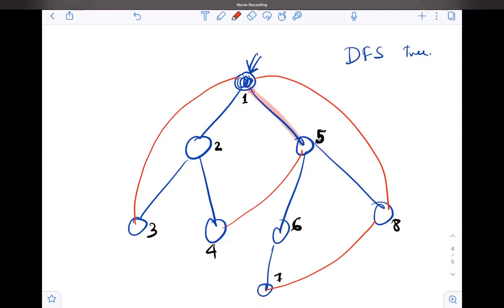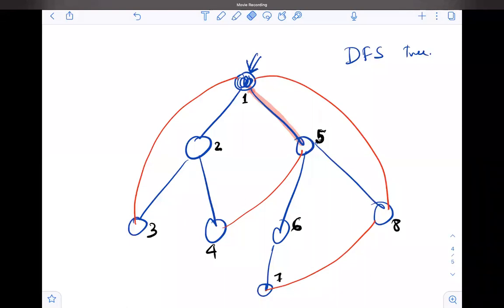Then what does DFS do? Before I come back to 1, before I can start from 1 again, I would have completely exhausted or visited all the vertices that are reachable from 5. So what all things are reachable from 5?